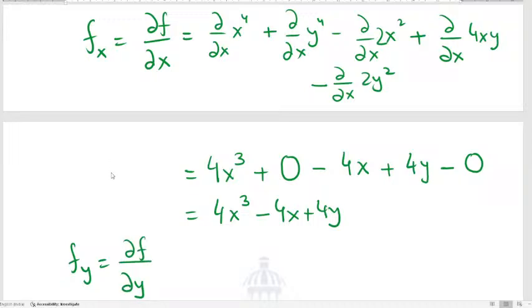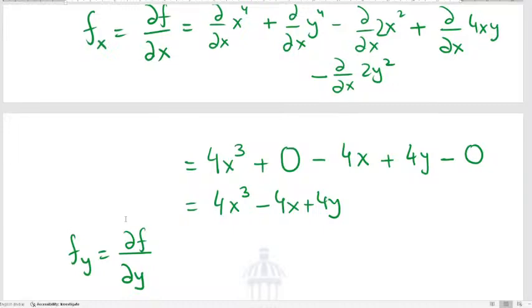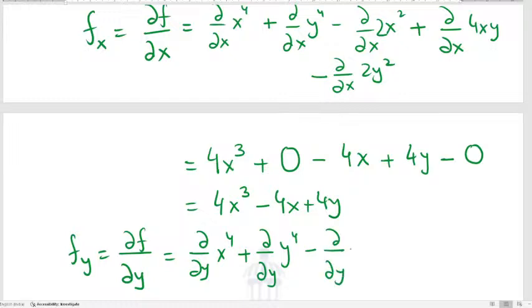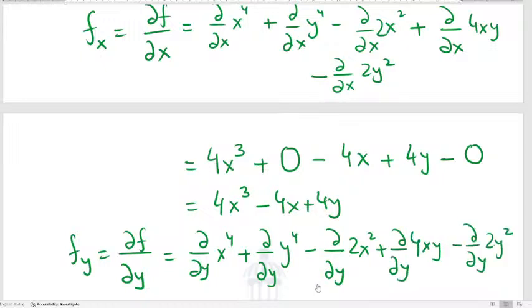So this is equal to dou by dou y of x to the power 4 plus dou by dou y of y to the power 4 minus dou by dou y of 2x squared plus dou by dou y of 4xy minus the terms one by one, and hence we'll be getting the complete partial derivative.